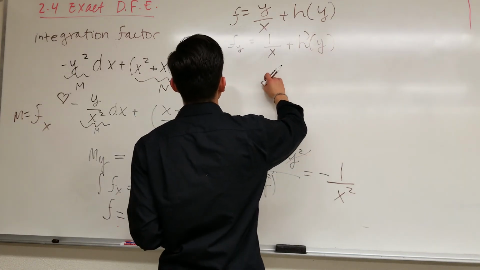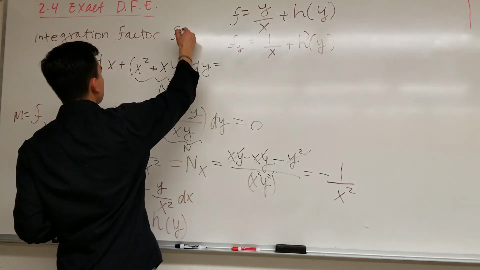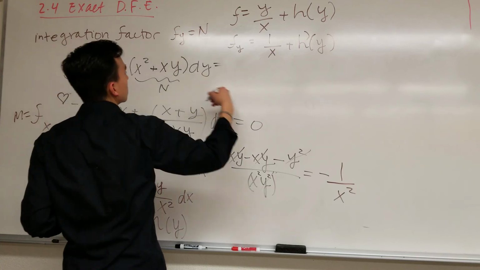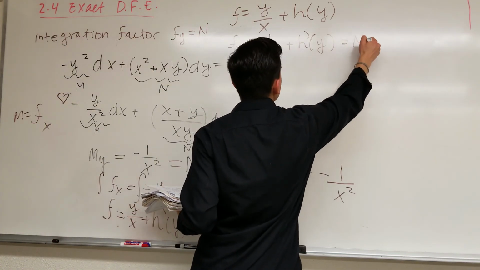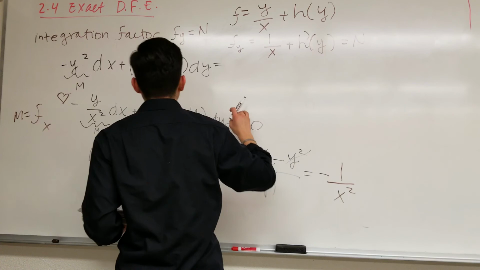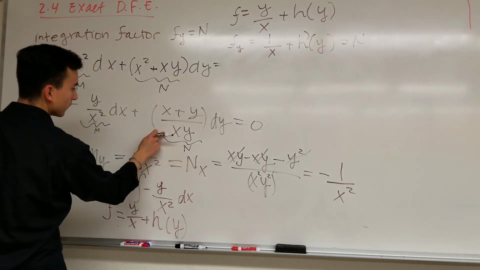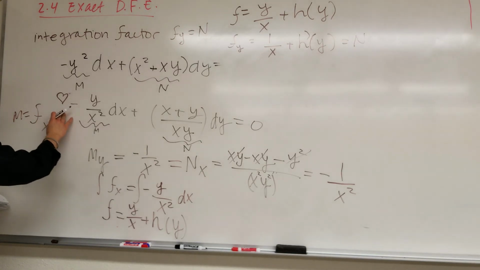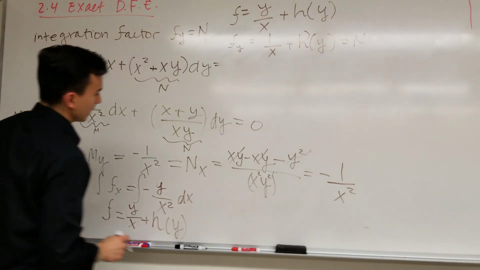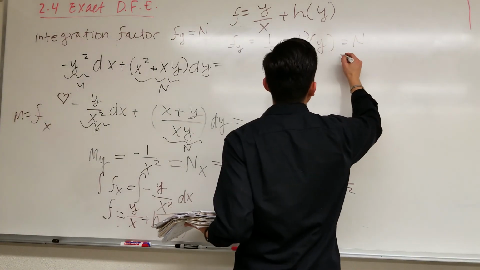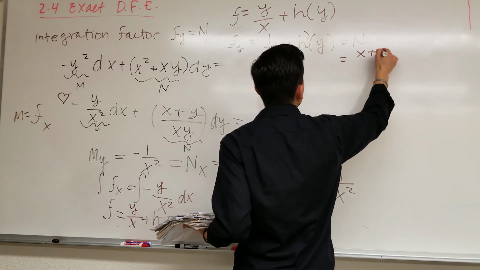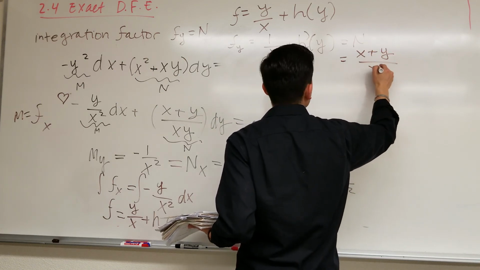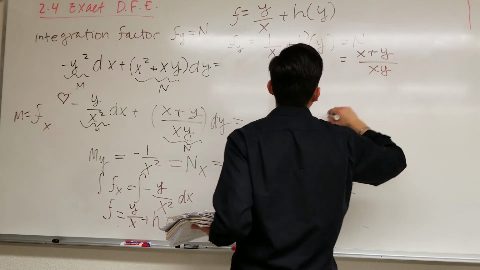And so if we go back to the fact that f_y is equal to N, we can set this equal to N, and our N from our new equation, from our exact one, the one that we love, we have this equal to x plus y over xy.